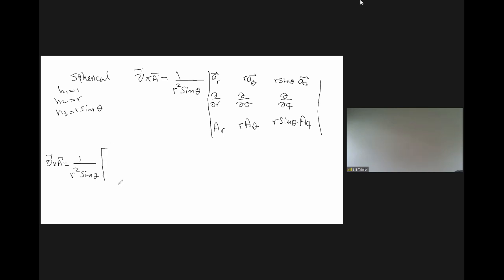Now, case by case. First row, first column.